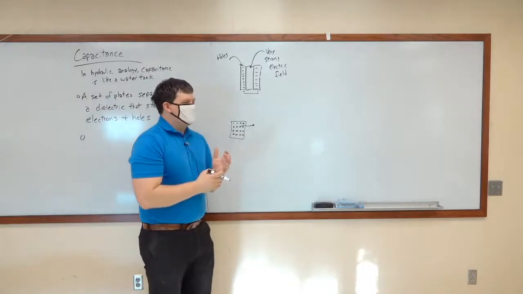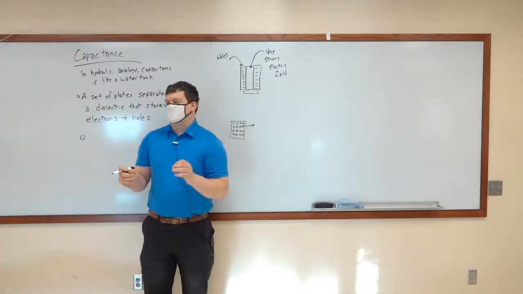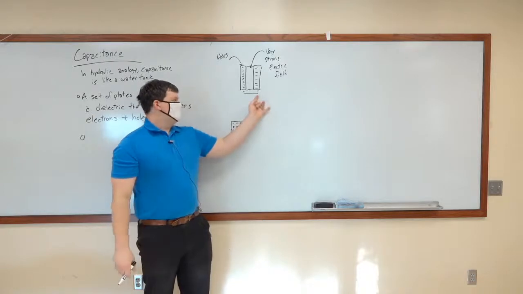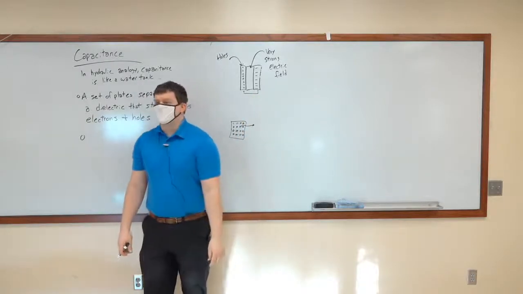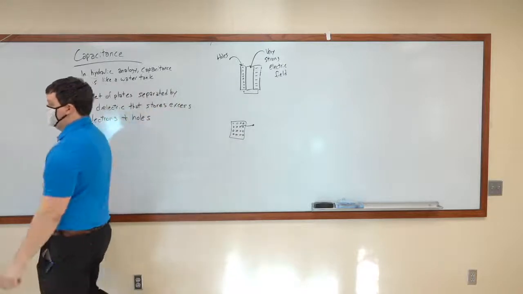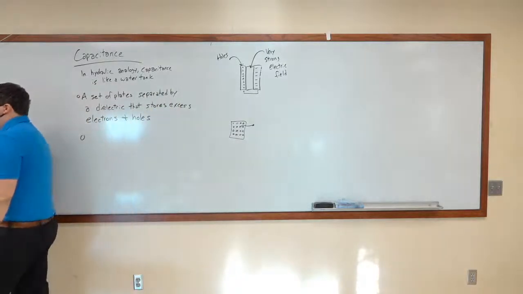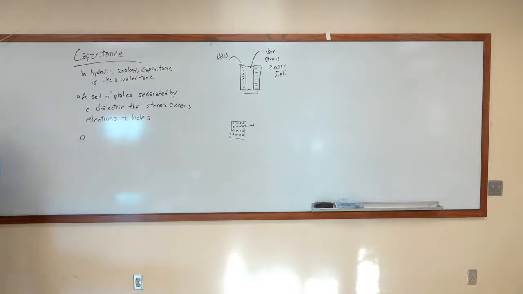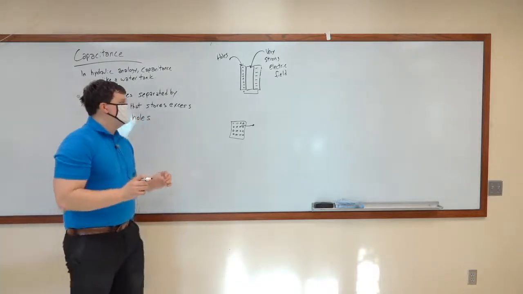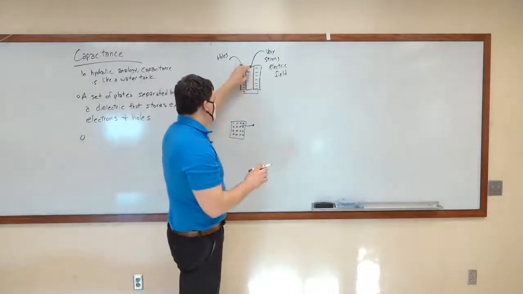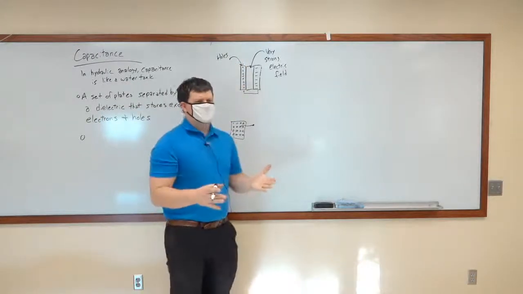But in theory, in a perfect capacitor, no charges go across the dielectric. In the best capacitor, no charges go across the dielectric. The dielectric is a no zone for electrons.